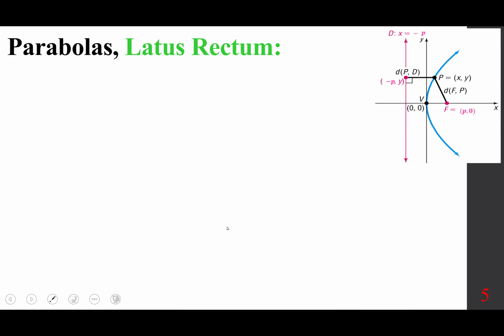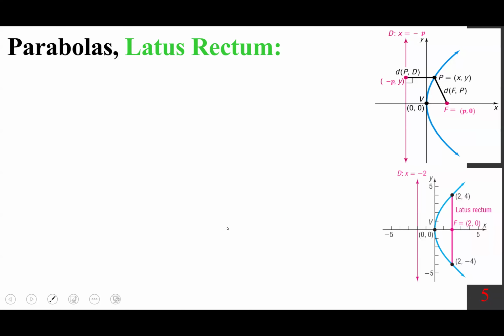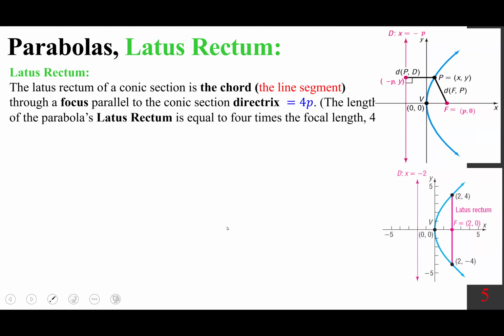Latus rectum. The latus rectum of a conic section is the chord, the line segment, through a focus parallel to the conic section's directrix, and it has the size of 4 times p.